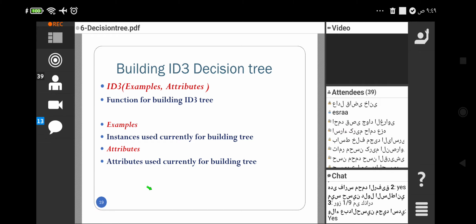In this algorithm, we have a function id tree, and we have two parameters, examples and attribute. Examples are the data that we are using currently to grow the decision tree and add a node, and attributes is the current attributes we are using for building the tree.